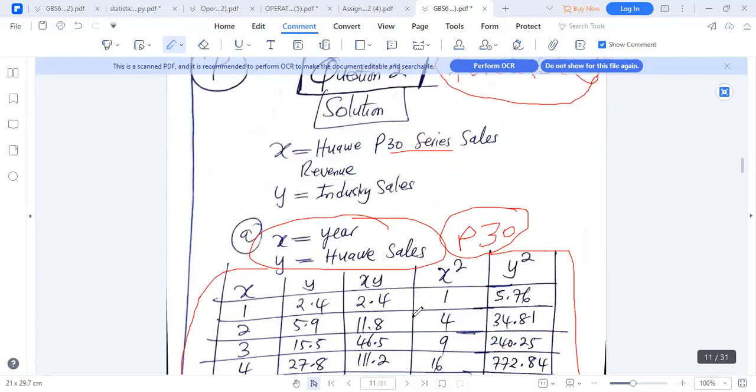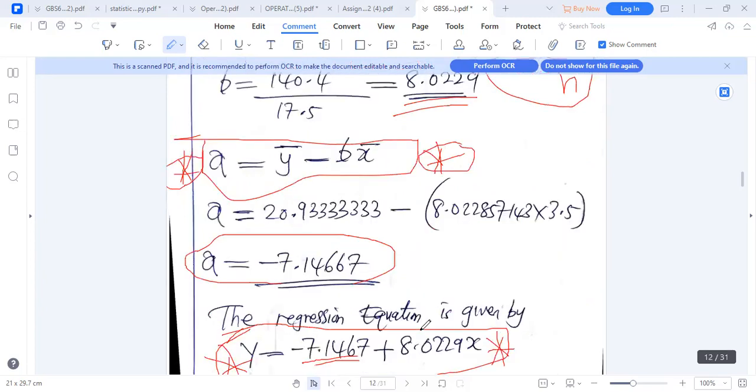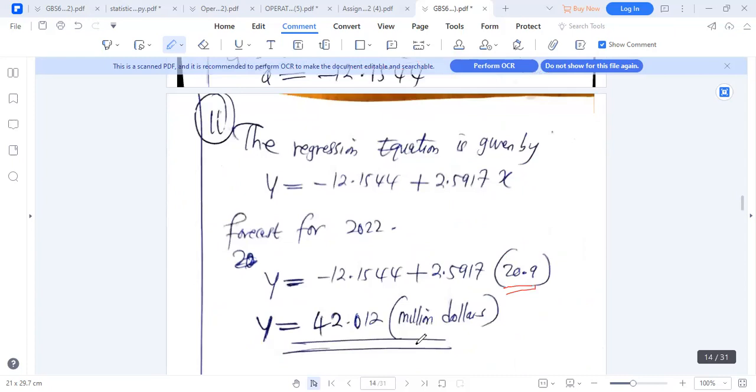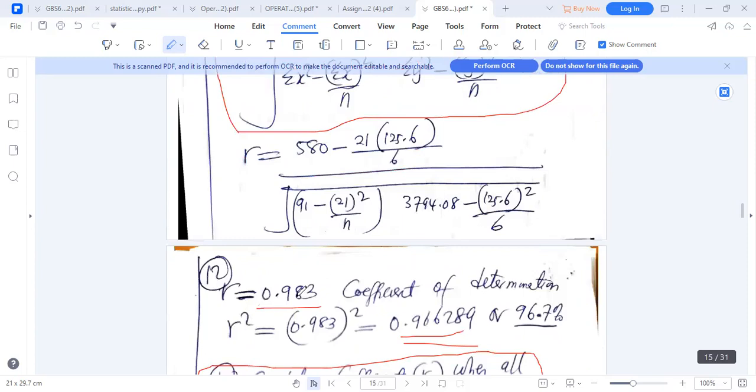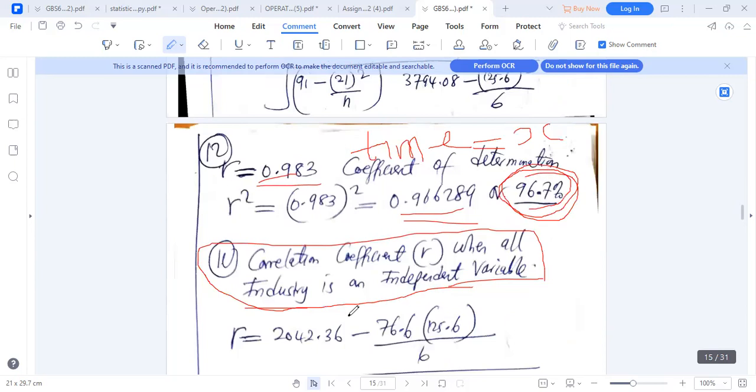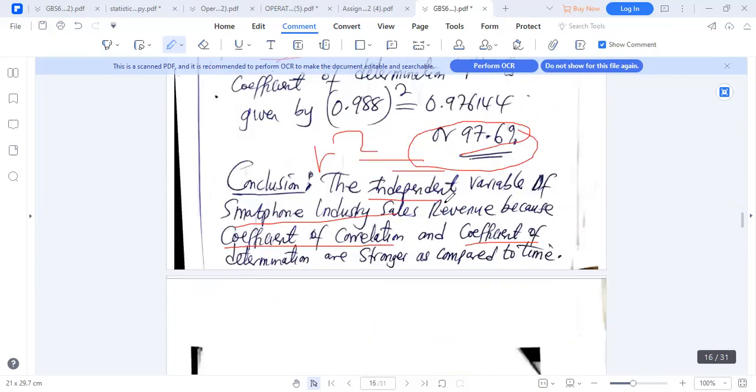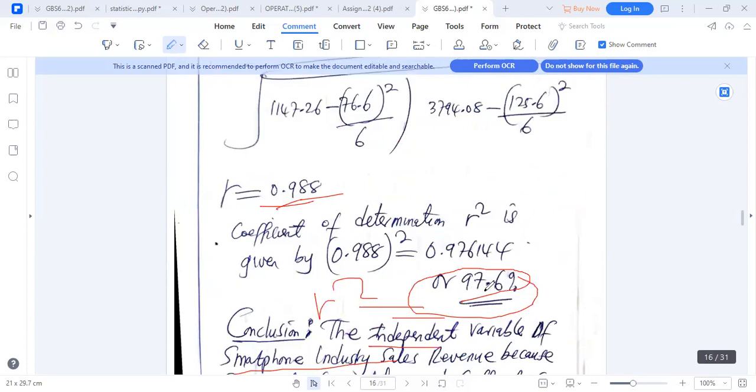When time was independent, the relationship R was 0.98. As we square this, it is 96.7, so the variation is 96.7 when time was X. Now, when the O industry was independent, our R is 97.6.